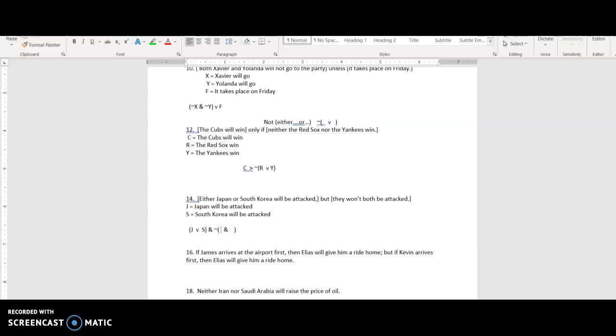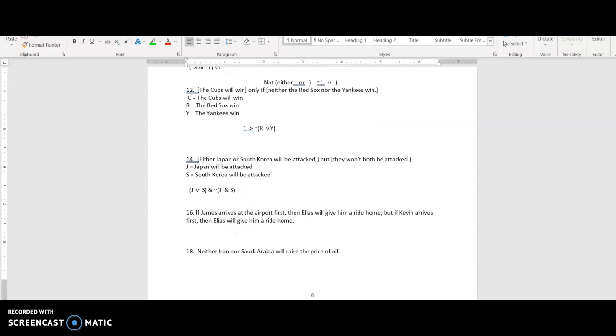So not both is just not J and S. So either Japan or South Korea will be attacked, and it's not the case that both Japan and South Korea will be attacked. So we need those two letters. All right. So remember, not both, negation of a conjunction.